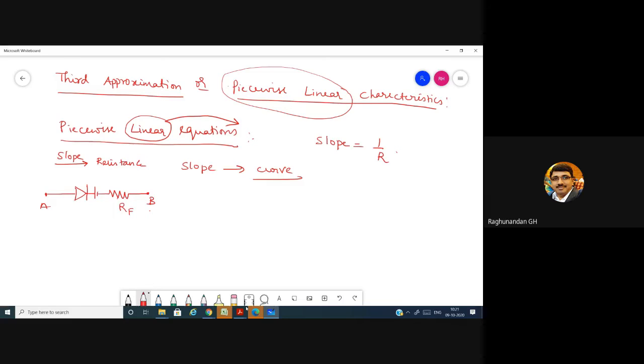I have told you in the lab. What is the forward resistance value? 10 ohms. Yes, correct.